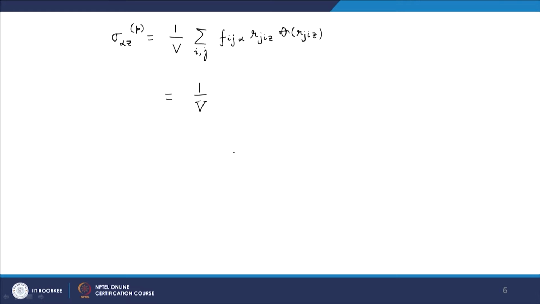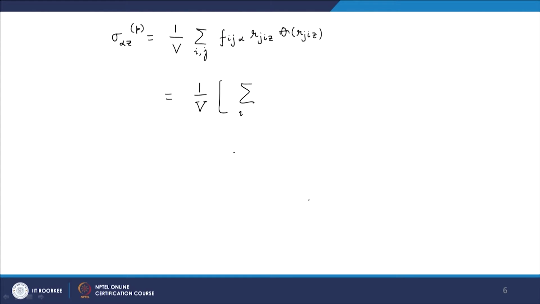One is when I is higher than j, other is when I is less than j. So, the theta function will take care of the fact that one has to be above and one is below. We have not differentiated in the very beginning.